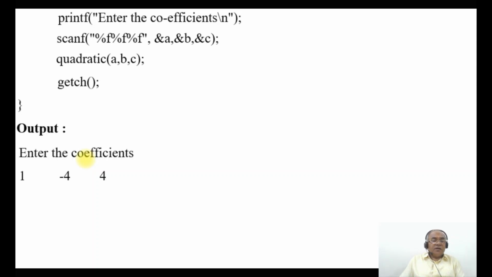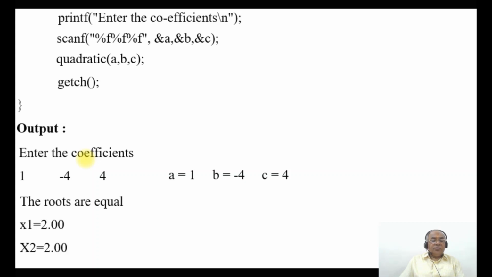When you enter the coefficients 1, minus 4, and 4, it will take the values a is equal to 1, b is equal to minus 4, and c is equal to 4. So the roots are equal.